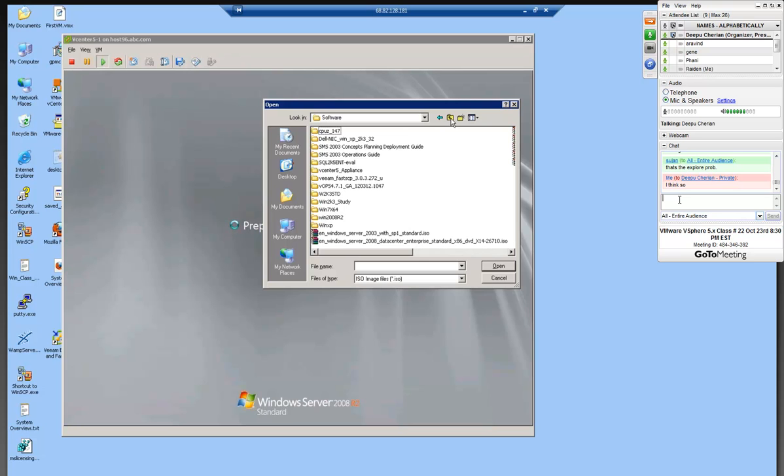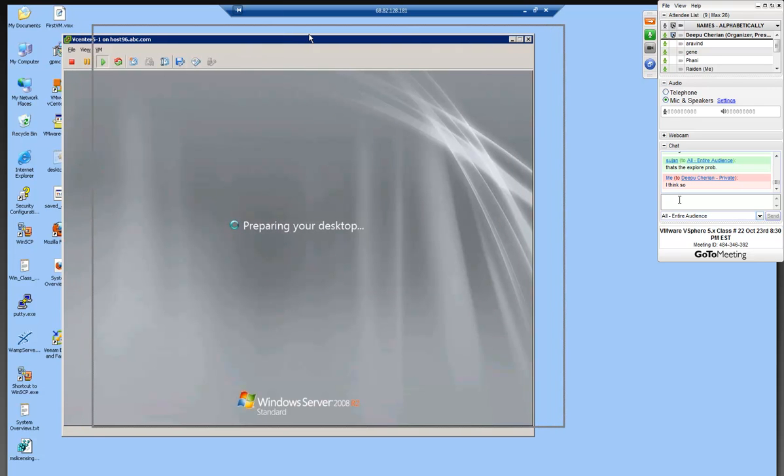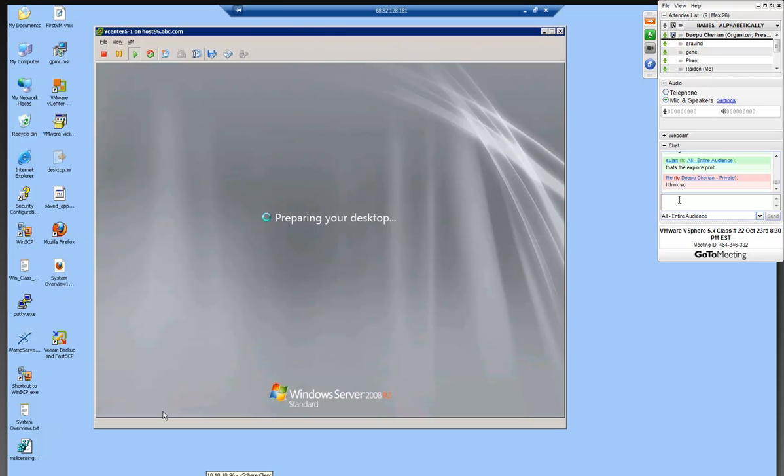Oh, vConverter is actually an exe, right? This is how the time will go, man. I wanted to do a lot of things, but shit.